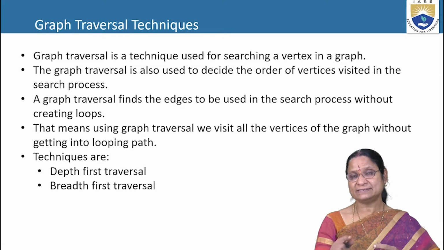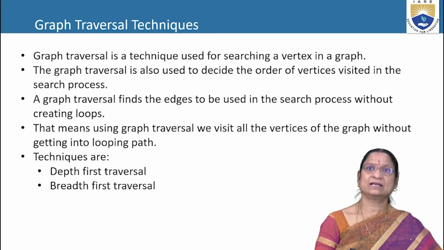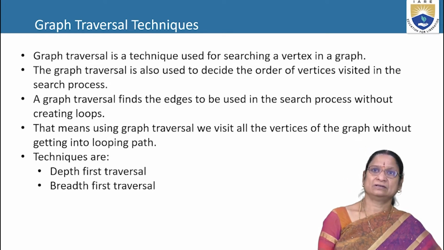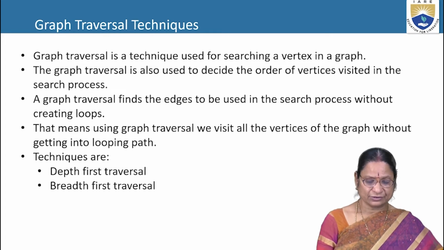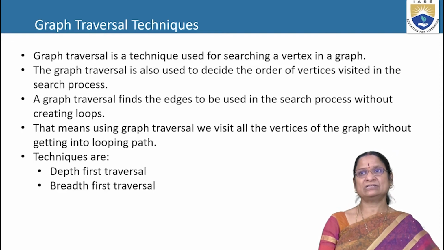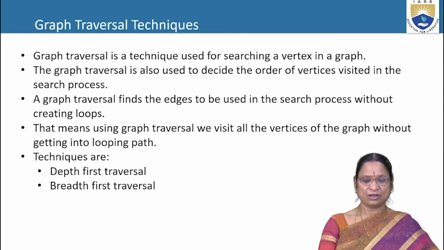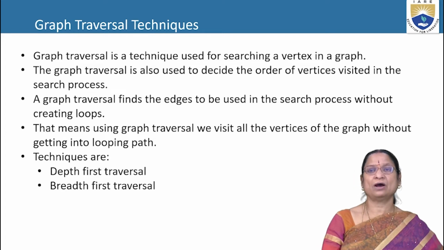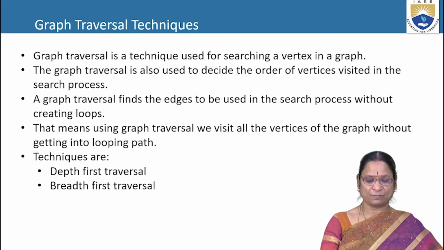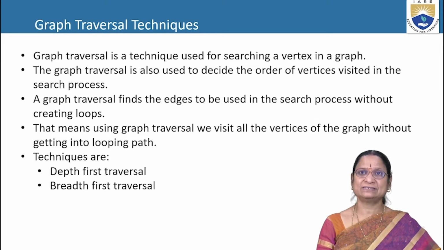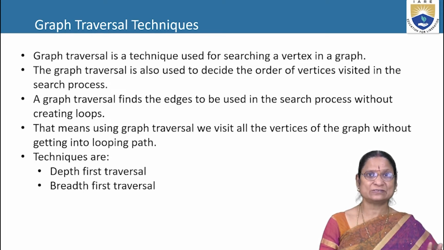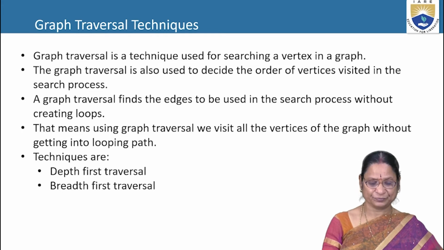If a loop exists, the same nodes are going to be searched further. So by using graph traversal, we will visit all vertices of the graph without getting into a loop or a cycle. There should not be any cycle in our path while using this traversal. Otherwise, there is no ending of the process at all.